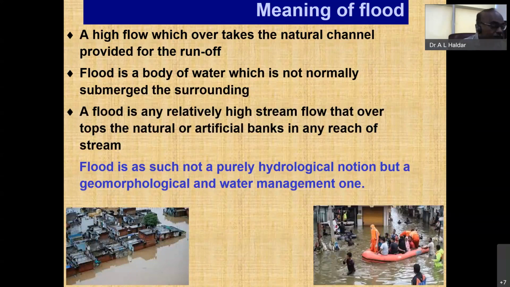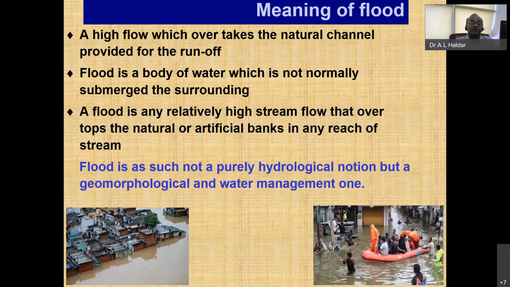You know what is flood? That is a high flow which overtakes the natural channel provided for the runoff. Flood generally takes place in the area which is dry. Suddenly, the water comes from nearby area or from the rain.